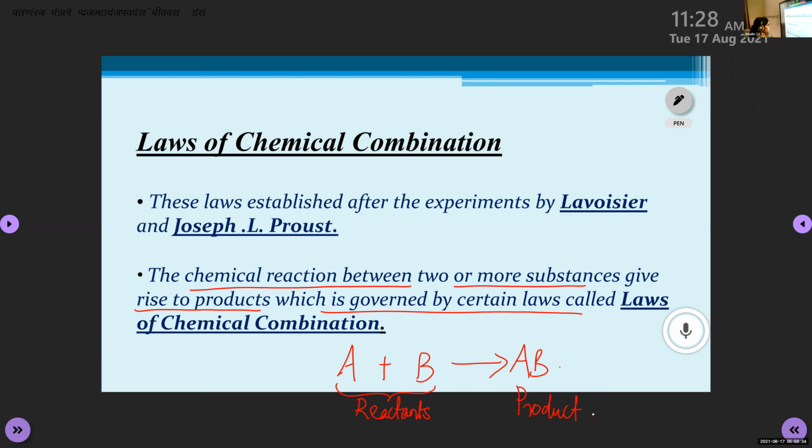Okay, these laws were established after the experiments by Lavoisier and Joseph L. Proust. The chemical reaction between two or more substances gives rise to products, which is governed by certain laws called laws of chemical combination.